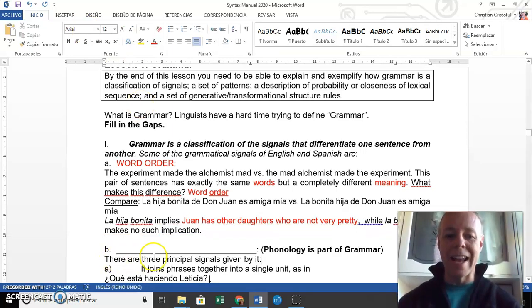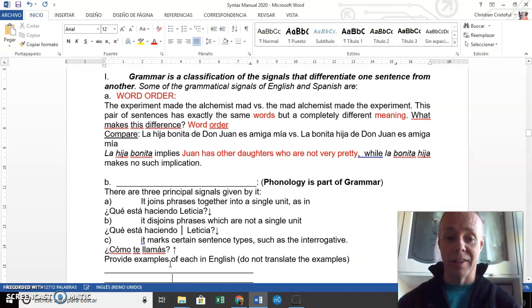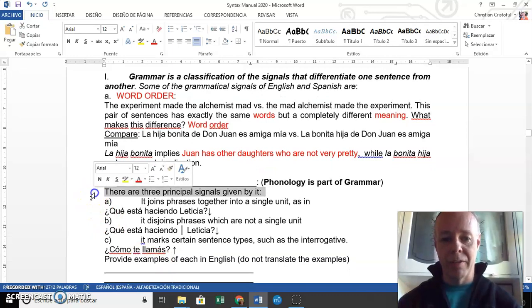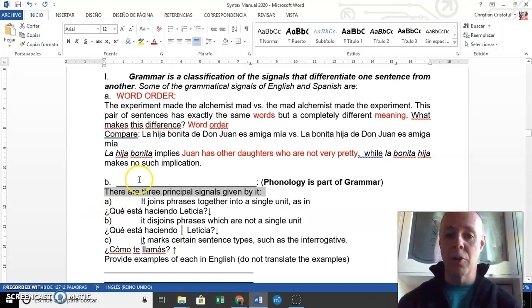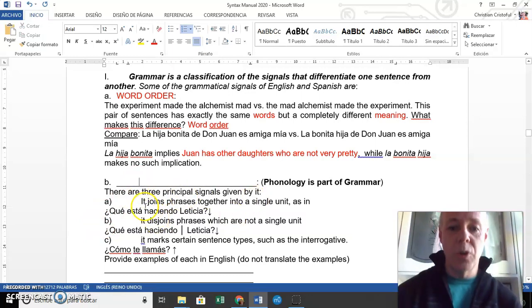In B, we have another signal. Phonology is part of grammar, it says. And notice that first, it says that there are 3 principal signals given by it. First, it joins phrases together into a single unit, as in, ¿qué está haciendo Leticia?